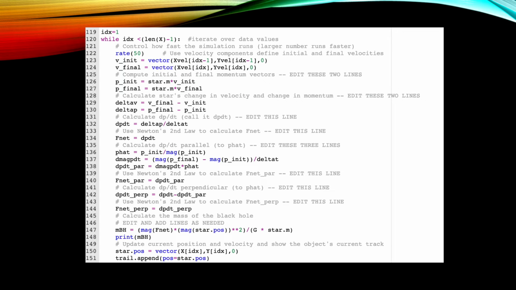I would like to draw your attention to this part of my code. In this while loop, I utilized the gravitational force formula and the position and velocity update formula to calculate the initial velocity of the spaceship.